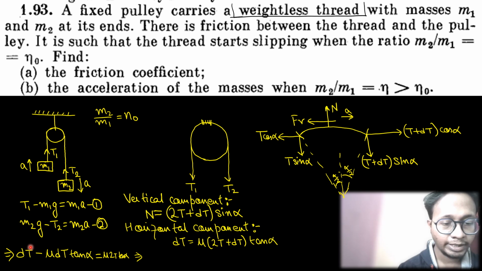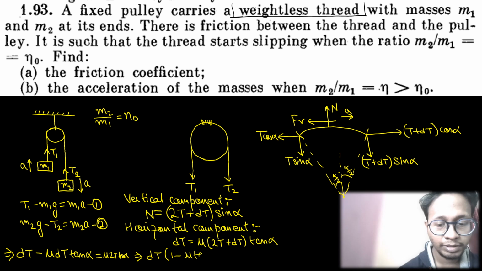So I got dT minus mu dT tan alpha is equal to mu 2T tan alpha. If I take dT common, dT (1 minus mu tan alpha) is equal to mu 2T tan alpha.